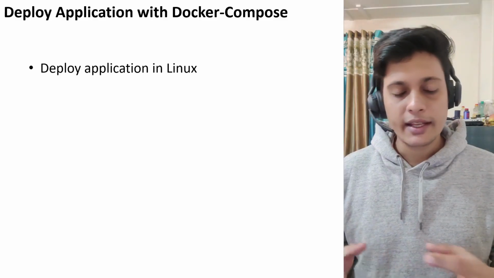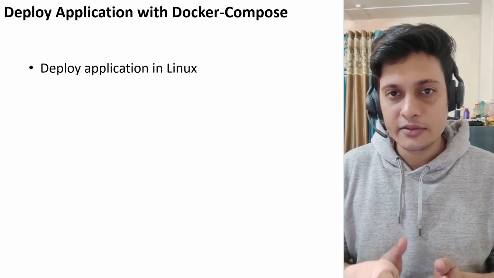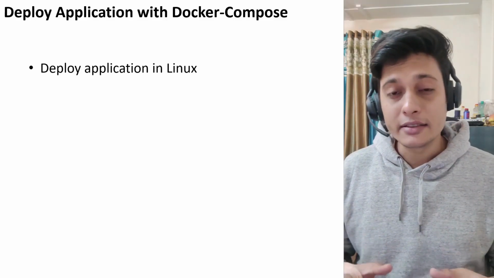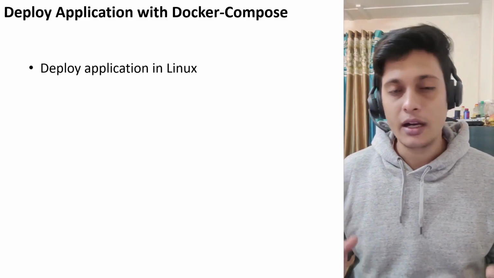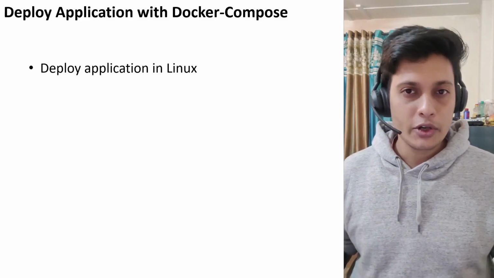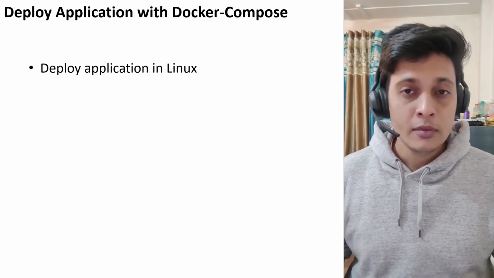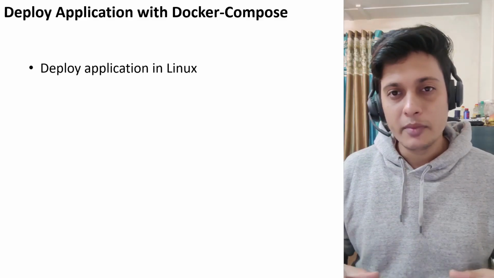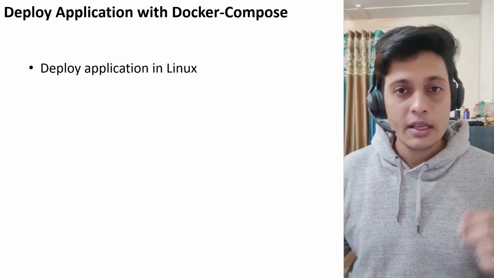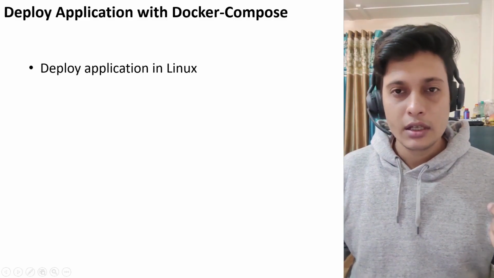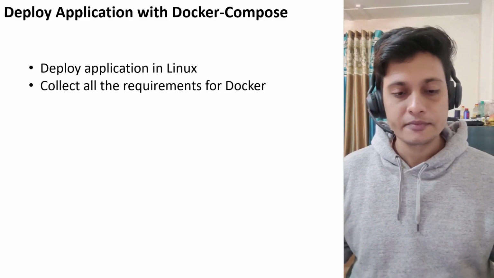But we need to deploy this project onto a Linux server, because all the servers on which applications are deployed are Linux based. So we are going to deploy this application on a Linux platform and make it run the way it is running on our Windows machine, so that we can understand what components are required for the Linux platform.